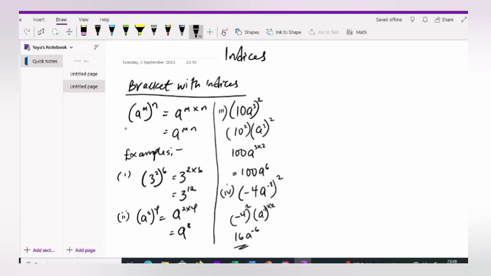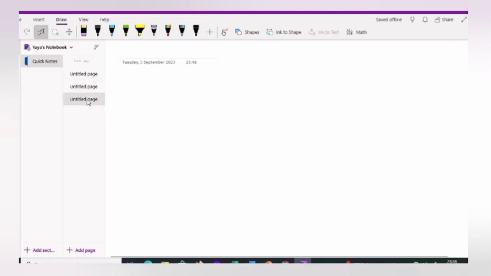Now, let's do one more rule under this particular video. We have the rule that deals with the power of 0. That one is called the power of 0.